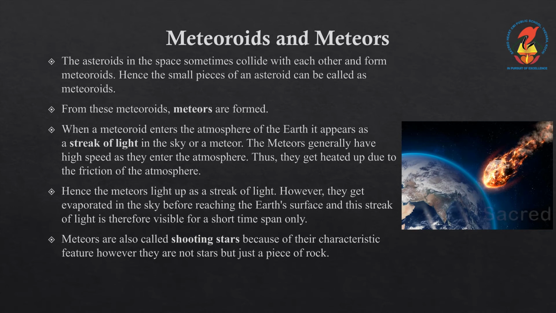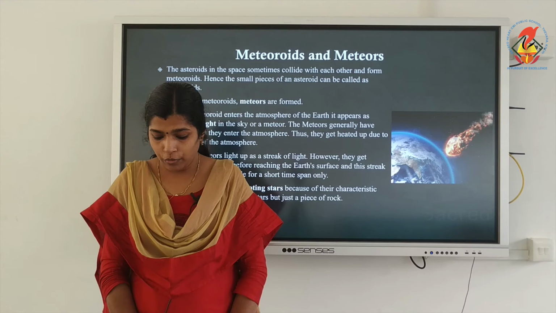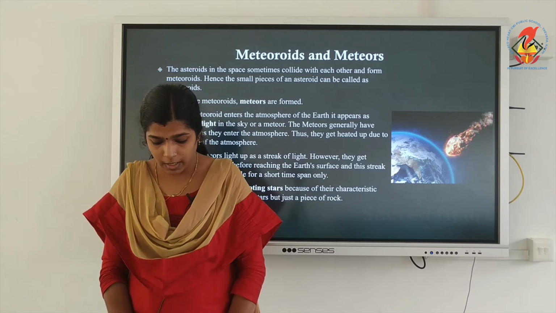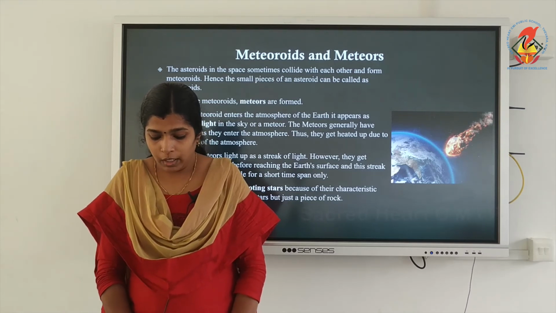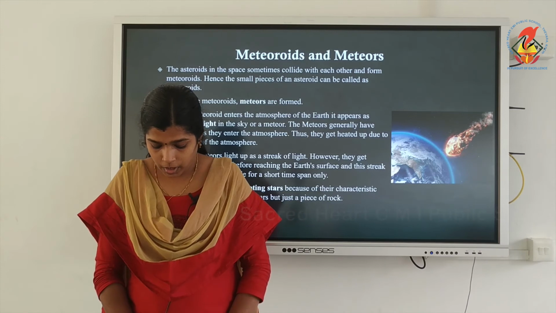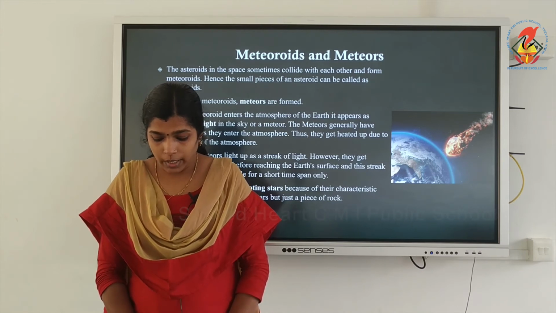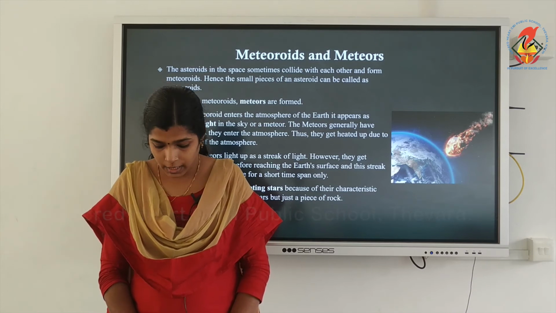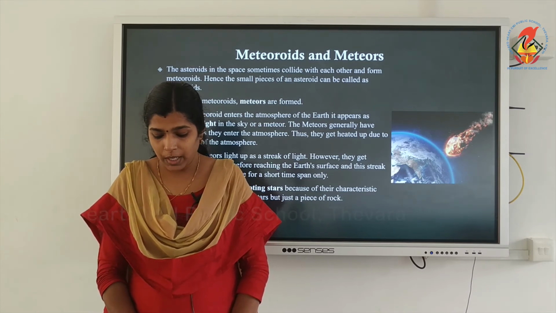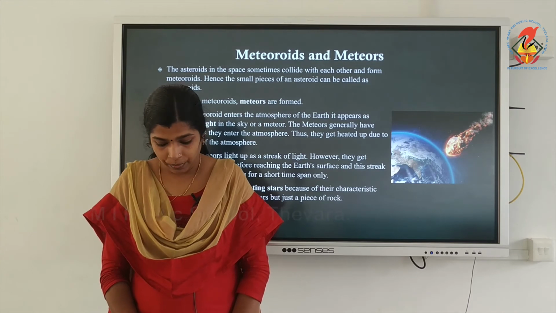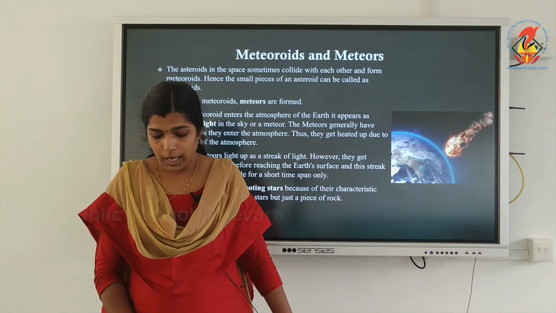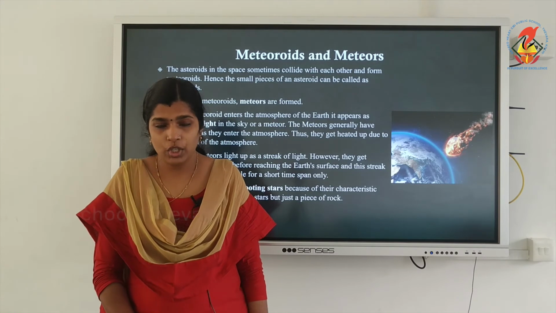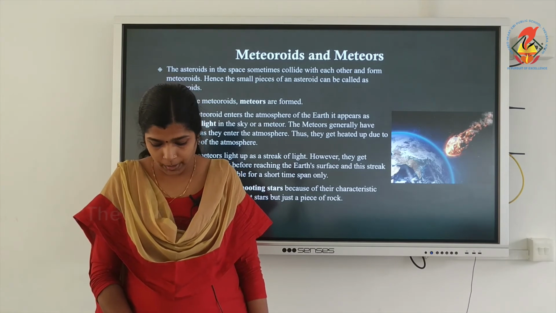Meteors are small objects made mainly of stones present in space. They regularly enter the Earth's atmosphere. As a meteor enters the Earth's atmosphere at very high speed, it is heated by friction with the air, and in most cases it burns into ashes in a very short time.